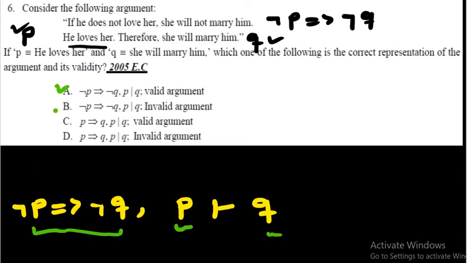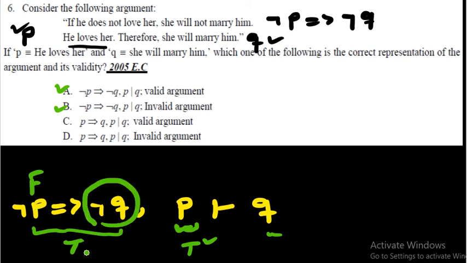So which choice contains this one? Choice A and choice B. But is the argument valid or invalid? Let us check now. As premises, each of them are true, and then we are going to see whether the conclusion is true or false. If P is true, that means negation P will be false. As a premise, P is already true, here it is, and negation P will be false here. So if negation P is false, false implies whatever will always be true, obviously.